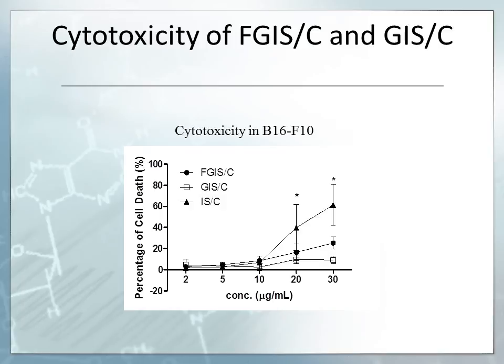Here is the cytotoxicity of the FGISC and GISC in the B16 cells. Both FGISC and GISC have a lower cytotoxicity compared to the ISC.